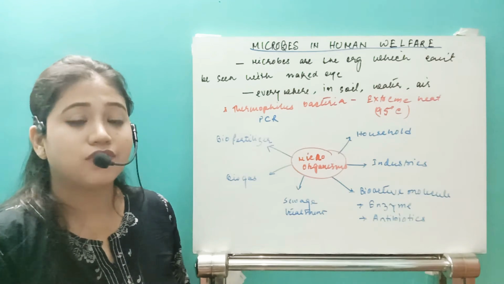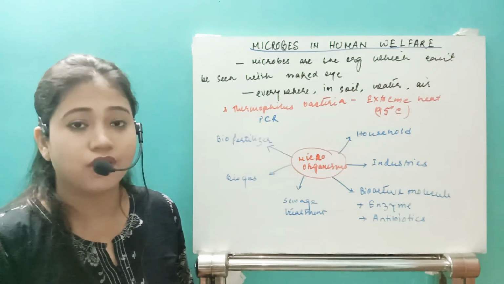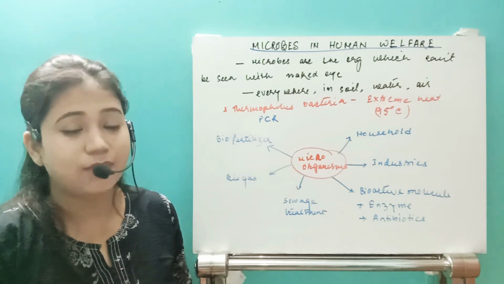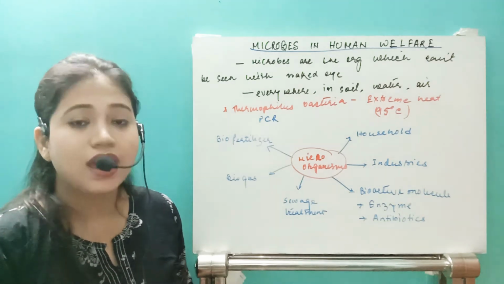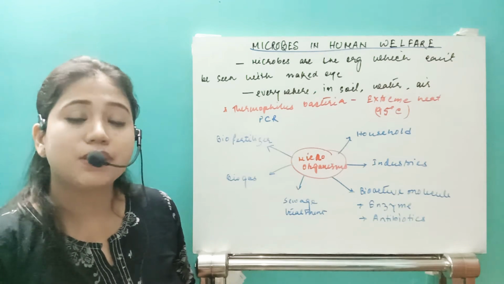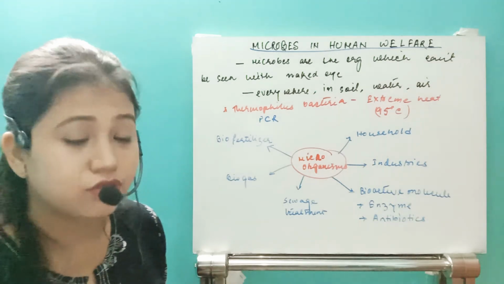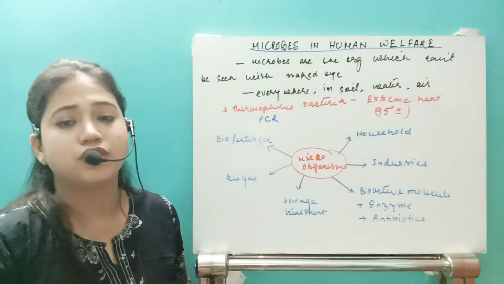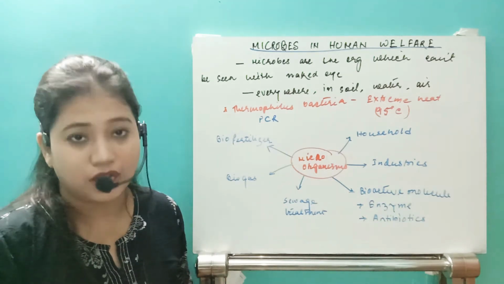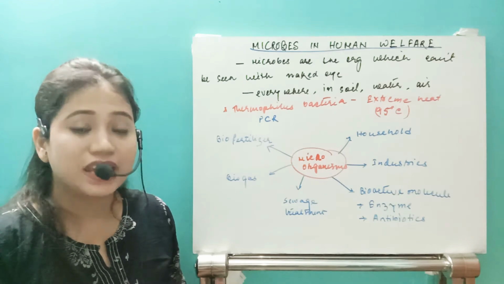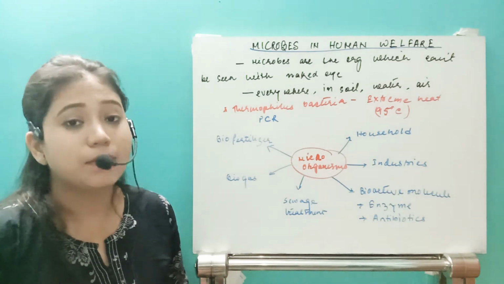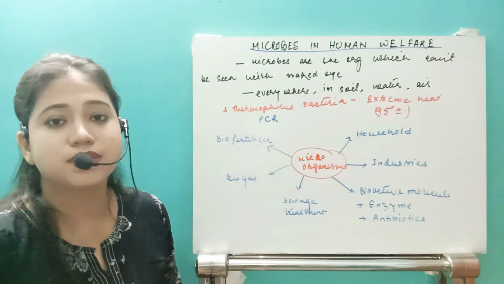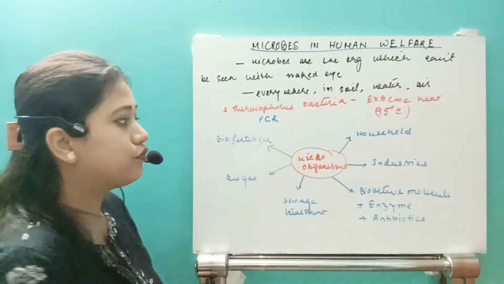Nowadays we have a different concept of organic farming, where chemical fertilizers, chemical pesticides and chemical insecticides are not used, because those chemicals harm us and other living organisms. They can completely change and imbalance the ecosystem. That's why microorganisms are now used as biofertilizers.